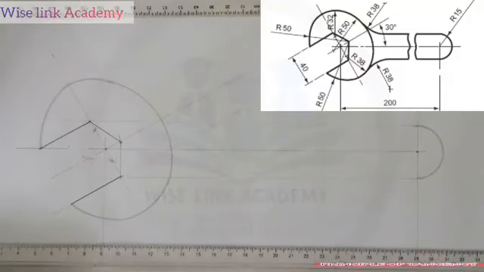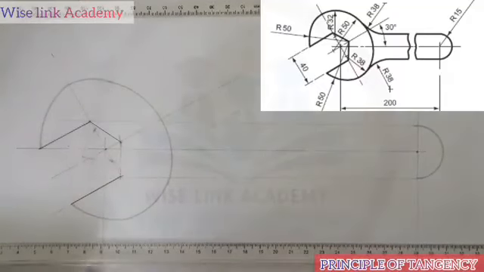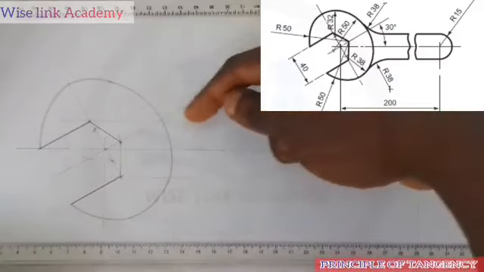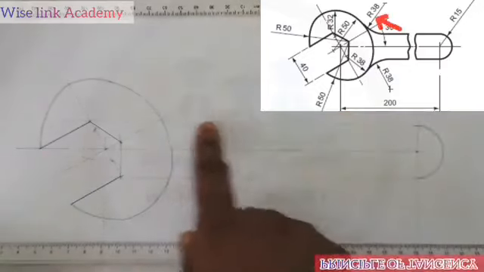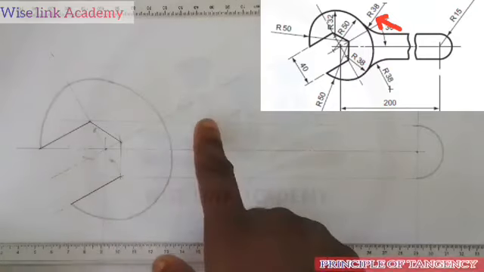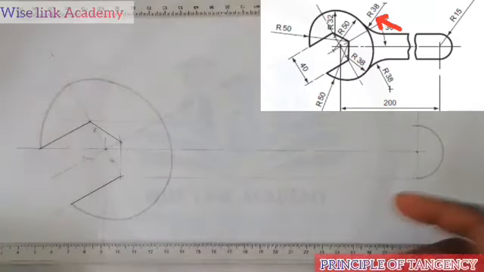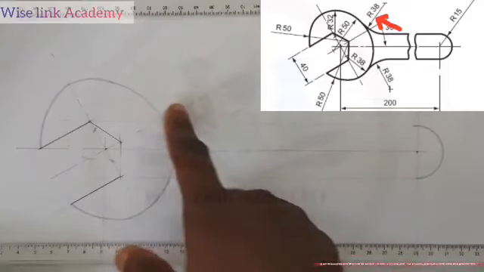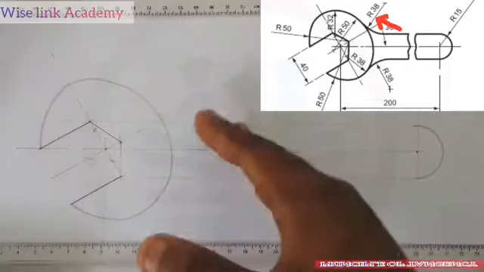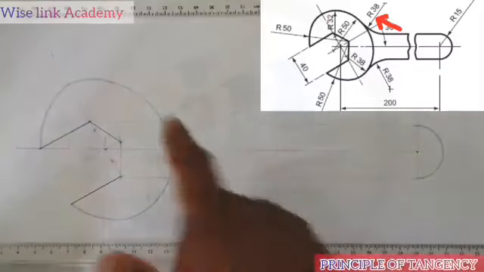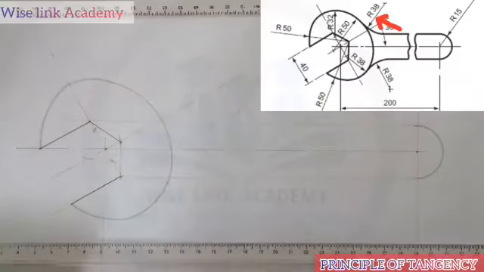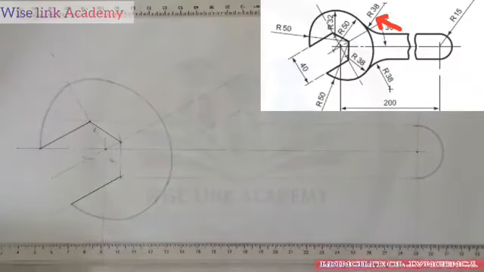So my next task now is that if you observe closely, there is an arc, right, entering this straight line here. If you observe, there is an arc of what, 38. So for me to produce that arc, it is an external arc. So for every external arc, what do you do? You simply add. Now before I can start producing that arc, that arc is going to be 38. So I will measure 38 in my compass.